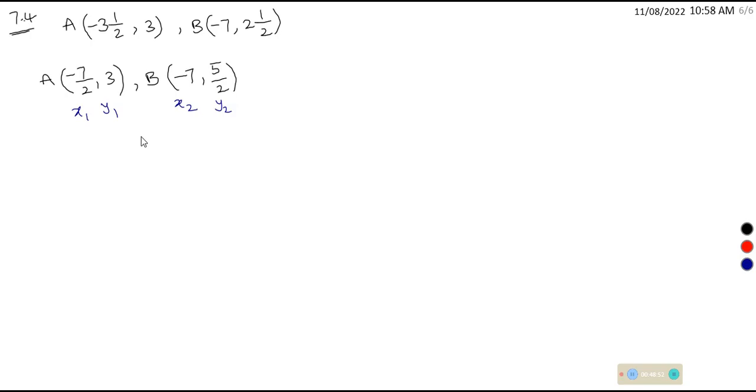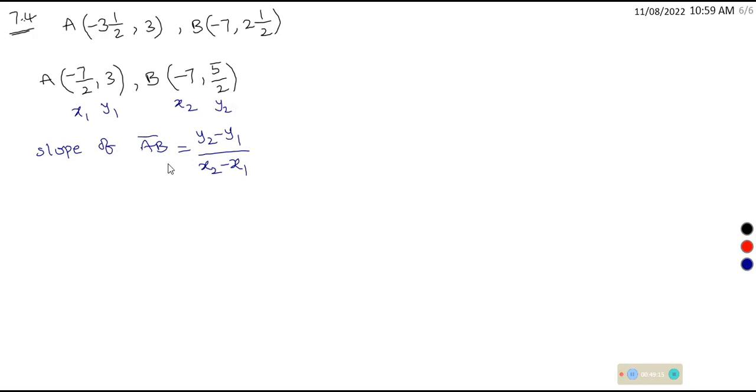The slope of AB formula is y2 minus y1 by x2 minus x1.